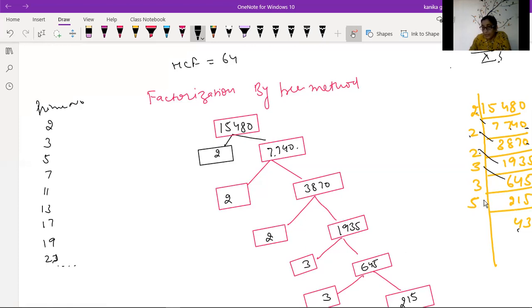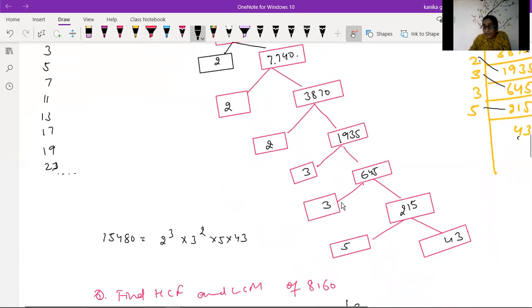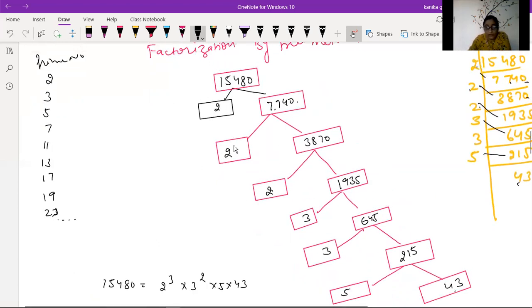Again 5 multiplying by 215, and we get the last number 43. So the prime factorization is: 2 comes 3 times, 3 comes 2 times, 5 comes 1 time, and 43. So we get this prime factorization by the tree method.